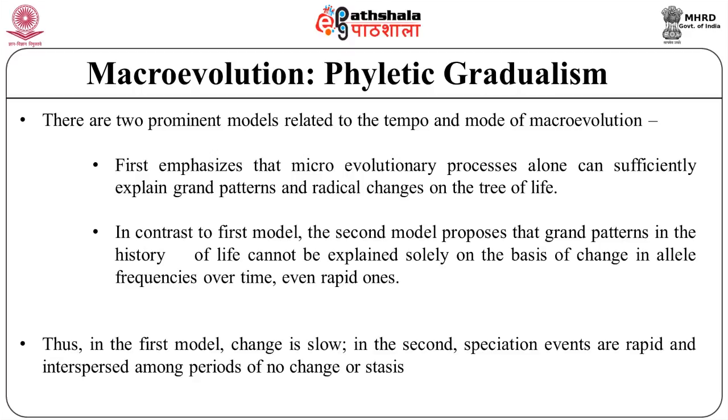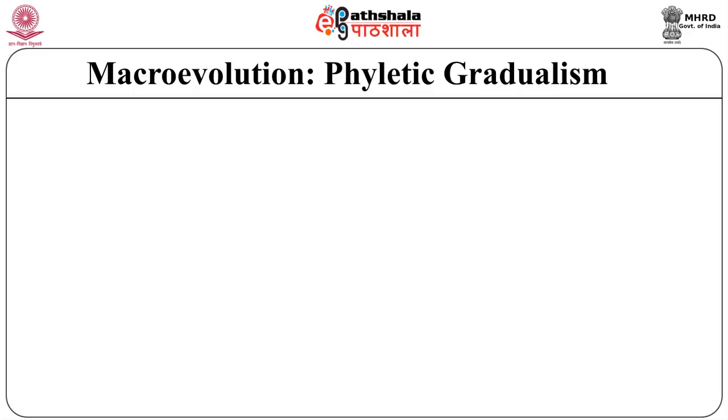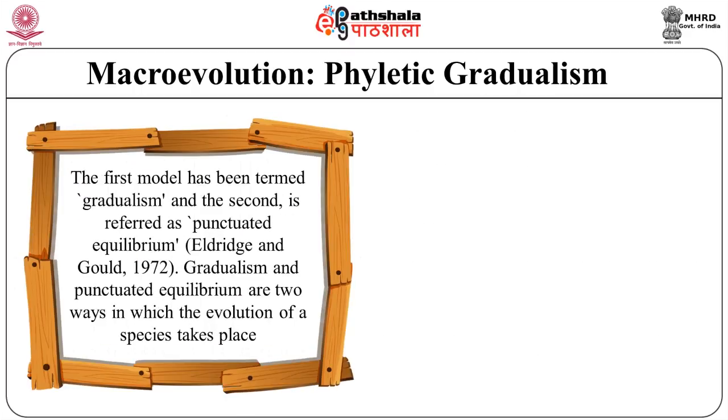Thus, in the first model, change is slow. In the second, speciation events are rapid and interspersed among periods of no change or stasis. The first model has been termed gradualism and the second is referred to as punctuated equilibrium. Gradualism and punctuated equilibrium are two ways in which the evolution of a species takes place.